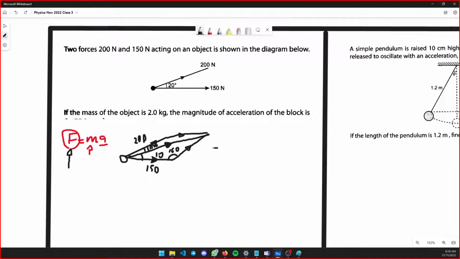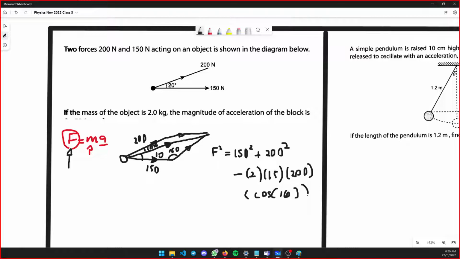Okay, say F squared equals 150 newtons here, squared, plus 200 squared, and then you minus 2 times 150 times 200 cos 160.